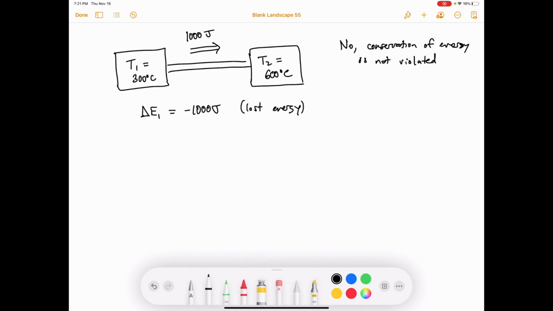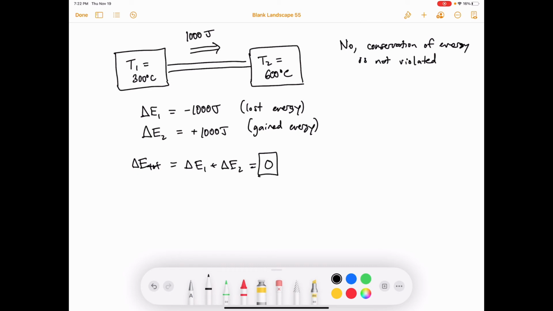And that leads to the temperature going down. For block number 2, it gains that same amount of energy. So delta E2 is positive 1,000 joules. It gained energy. And as a result, its temperature went up. So the total change in energy in this process, delta E1 plus delta E2 is just 0, which means energy is conserved.